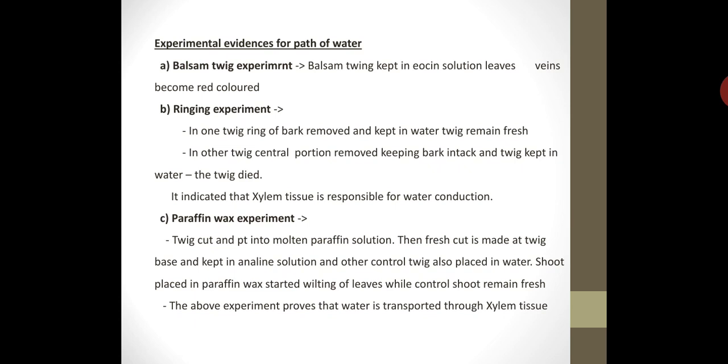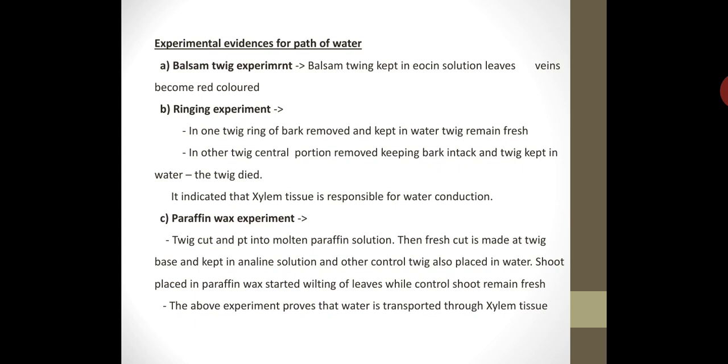Then the bark of one twig, that is the outside bark containing phloem tissue, is removed and the twig is kept in water. In the second twig, the central core, that is the xylem tissue, was removed and that twig was put into the water.